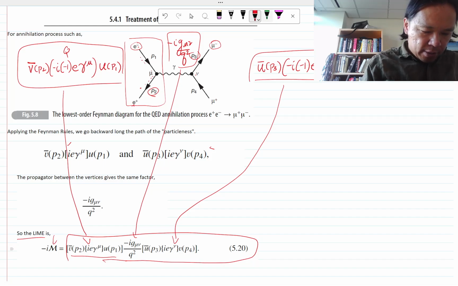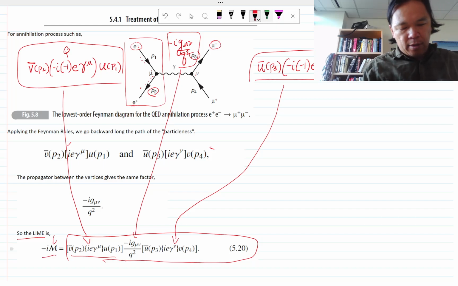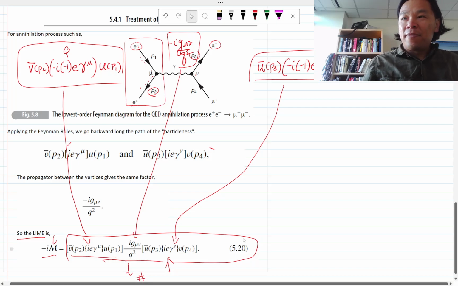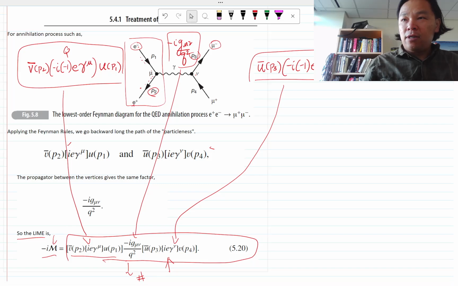Well, it's not the matrix element, it's minus i times the matrix element. So that's how you use the Feynman rules to write this long equation, and we're going to see how we can change this to a number, which is what the next chapter is going to be about.